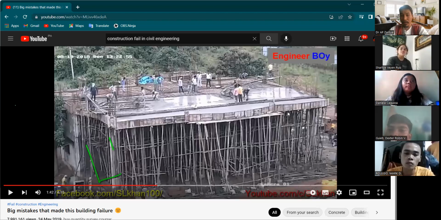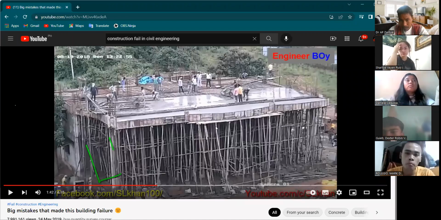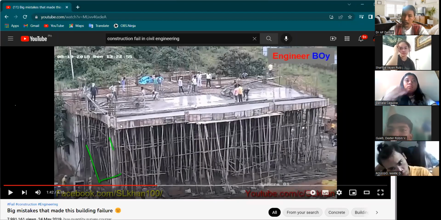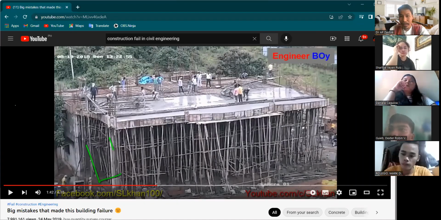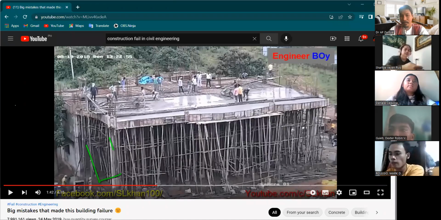Column to column distance 4 meters. For this length, we need another column here and another column here. So 18 divided by 4, that is 4.5. That is an ideal column to column distance.